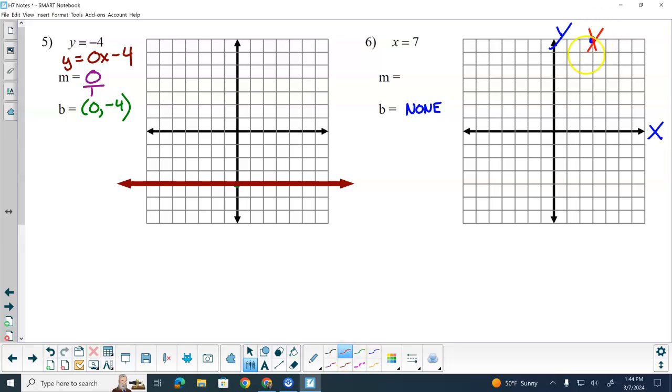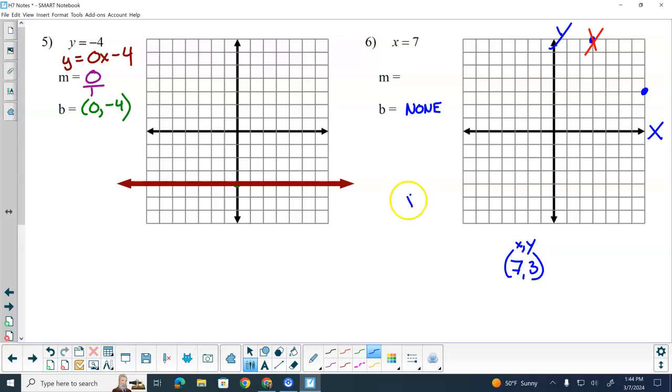Okay, give you another point now. 7, comma 3 is on the line. You know why? Because x is equal to 7. Okay, give me another point that's on the line. In other words, 4, comma 3 is not on the line. You know why?